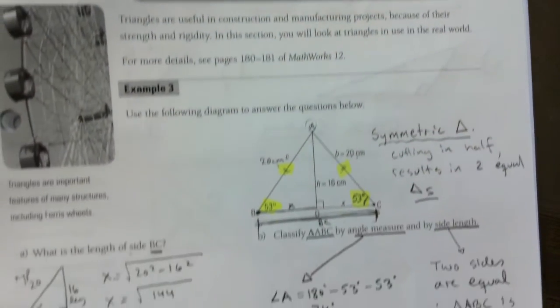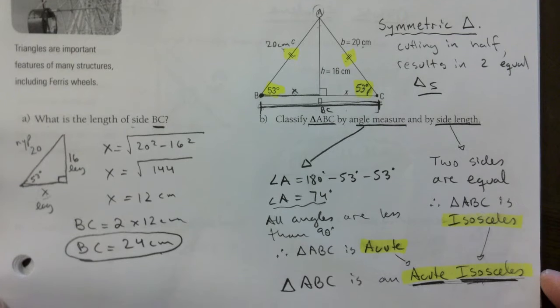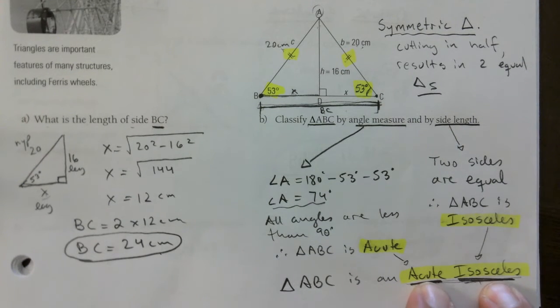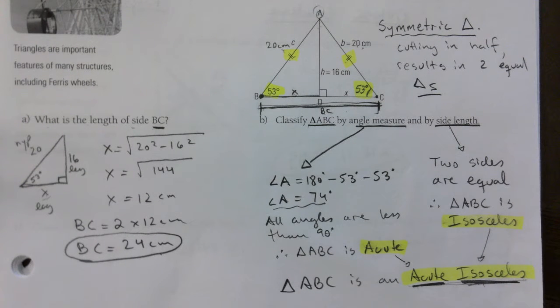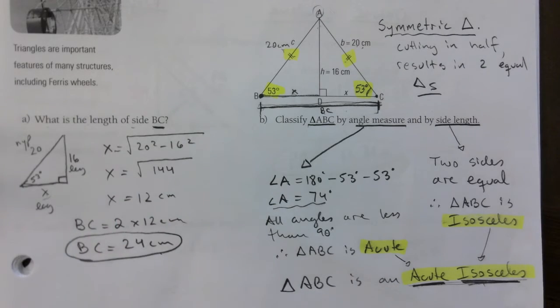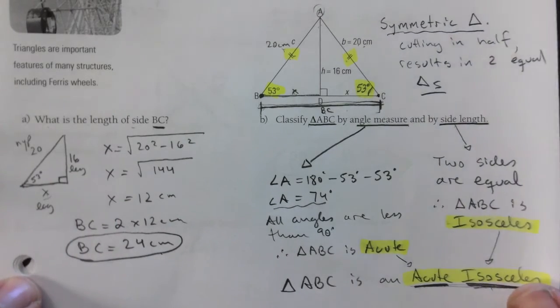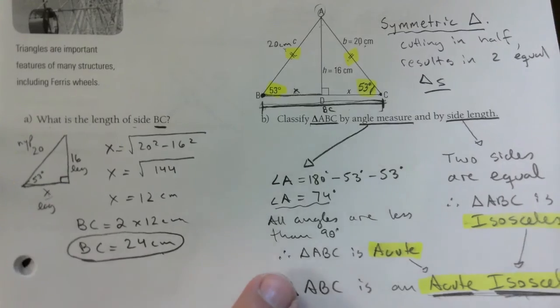And so we went through example 3 here. We ended up naming the triangles that were there. We used some Pythagorean theorem and so forth. So that's all just review.